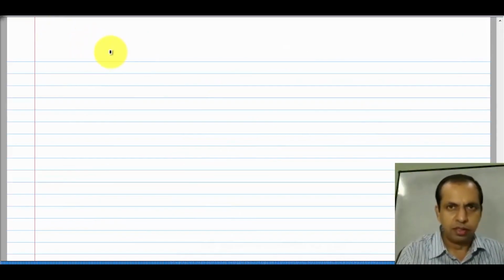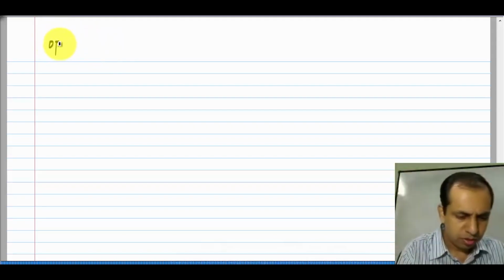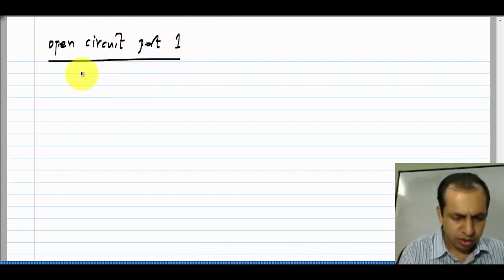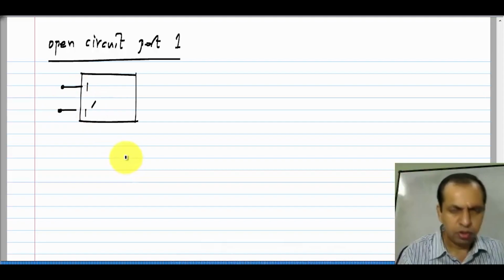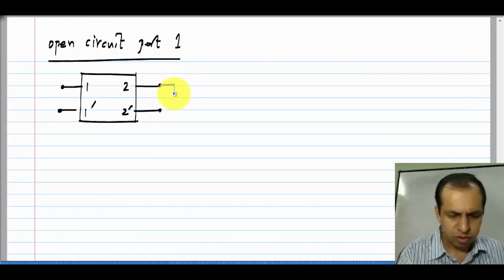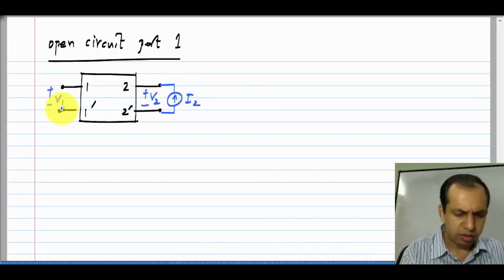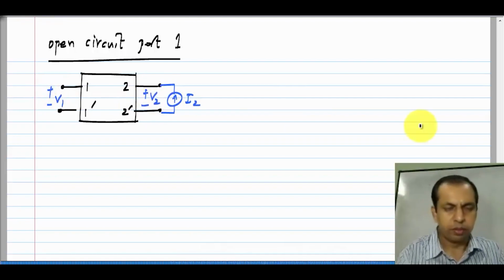For measuring Z12 and Z22, open circuit port number 1, that is you do not connect anything to port 1. You connect I2 to port 2 and measure both V2 and V1.